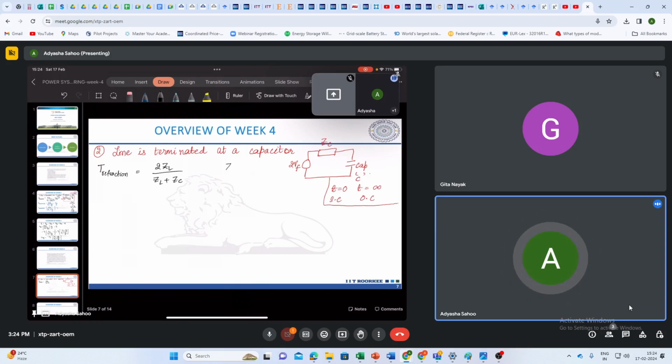Now our ZL is nothing but your capacitor C. If I write it in the S domain or Laplacian domain, ZL was 1 by omega C, which can be represented as 1 by CS. So replacing ZL with 1 by CS, I will get 2 by CS divided by ZC plus 1 by CS.